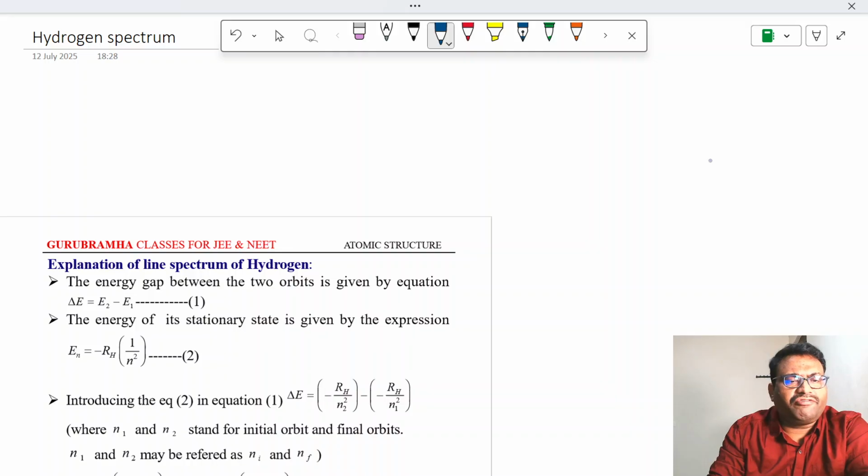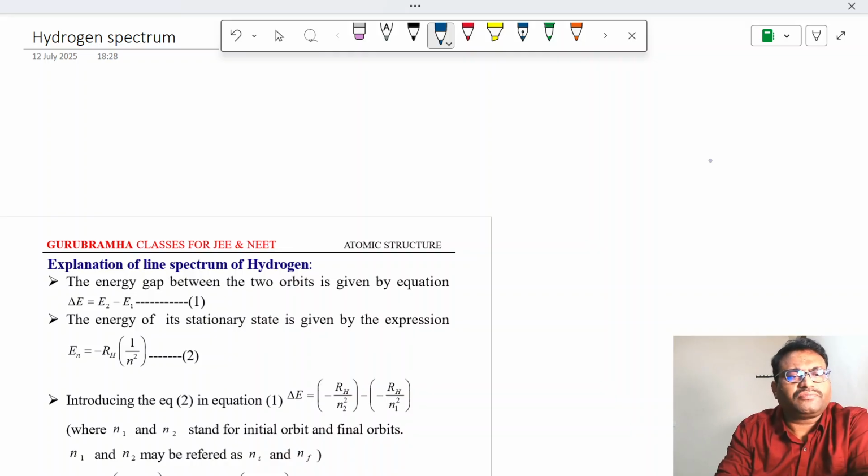So we are deriving the Rydberg formula, how to derive that and how to derive the formula to calculate the energy, wavelength and wave number of the spectral line. So let us see that.